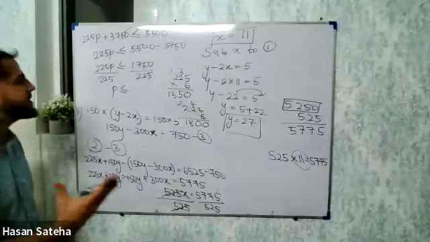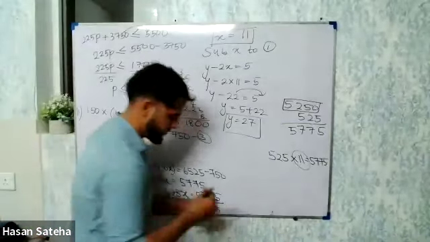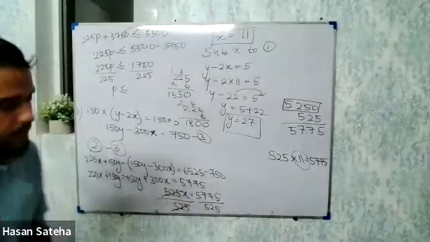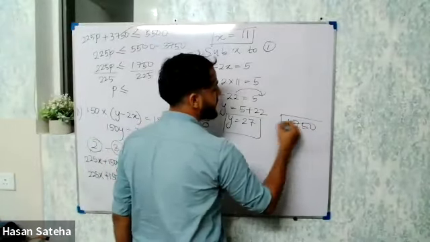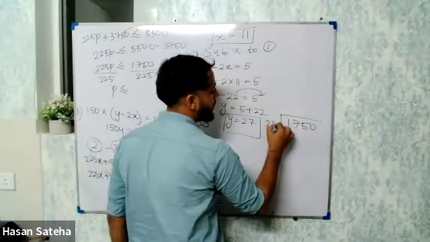So that means we are dealing with a decimal value here. So we'll do the proper division: 1750 divided by 225.